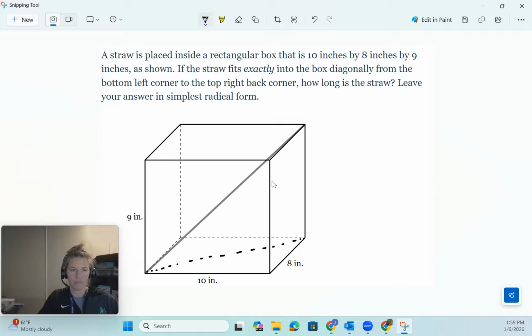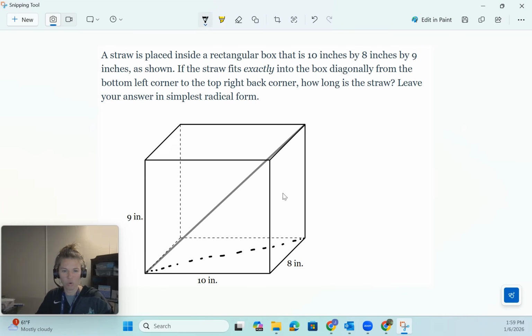Picture a piece of paper slid diagonally into a box, just a thin triangle that fits diagonally in that box. The hypotenuse of that triangle is the straw that we're talking about in this problem.